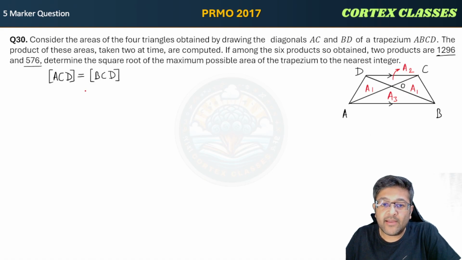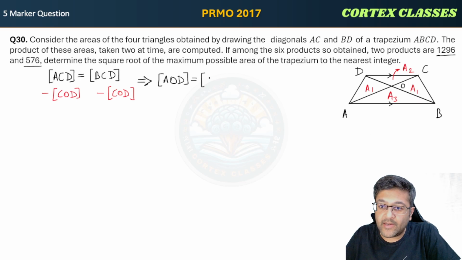So now if I subtract triangle COD from both sides, if I remove the area COD from both sides, you'll get area of triangle AOD equal to area of triangle BOC, right? So that's why I've written them A1 and A1.